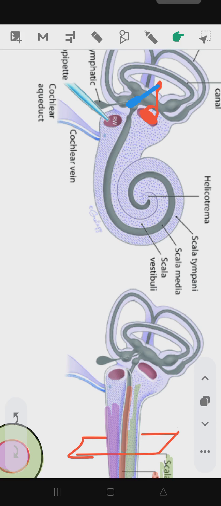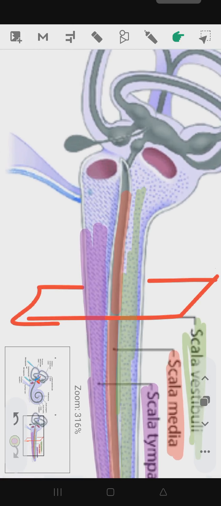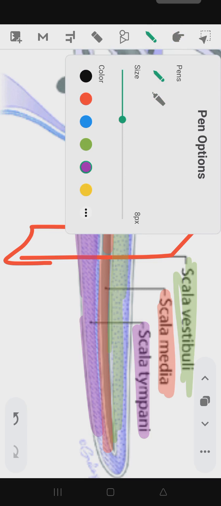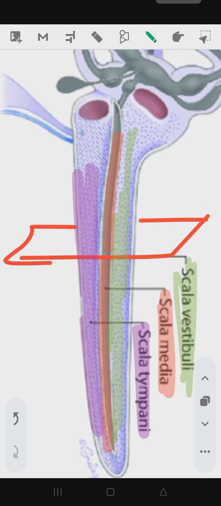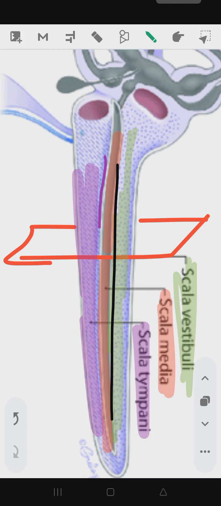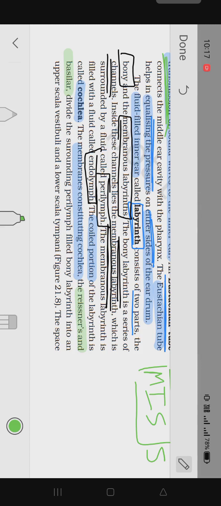I'm highlighting this in black right now. This membrane is Reissner's membrane, and this membrane is the basilar membrane. That is the only thing we are confused about. Okay, now moving further.